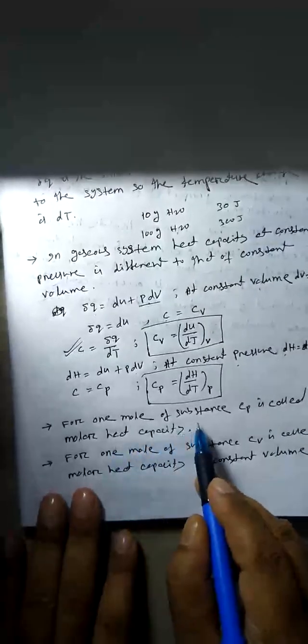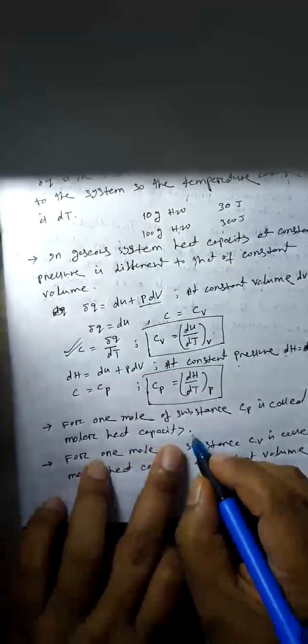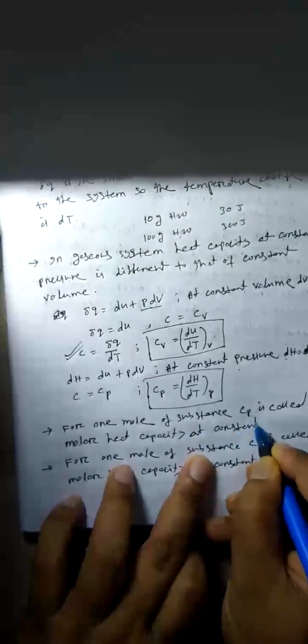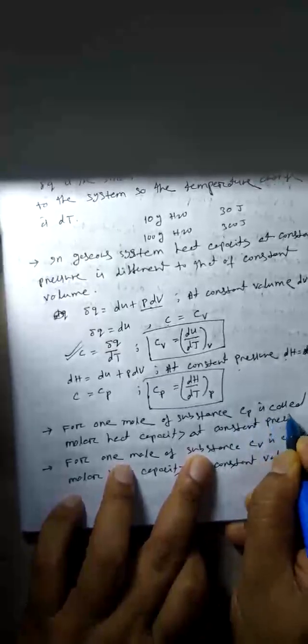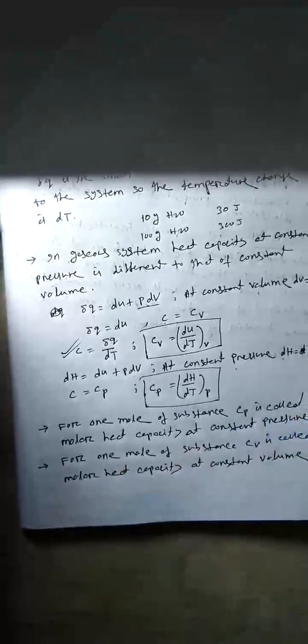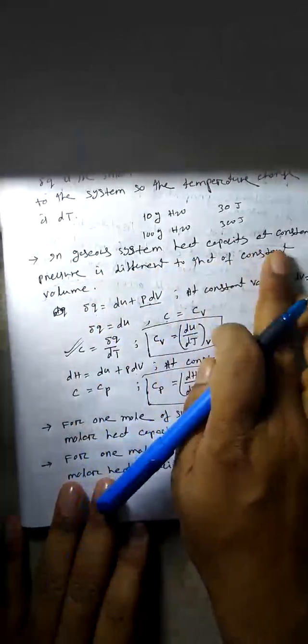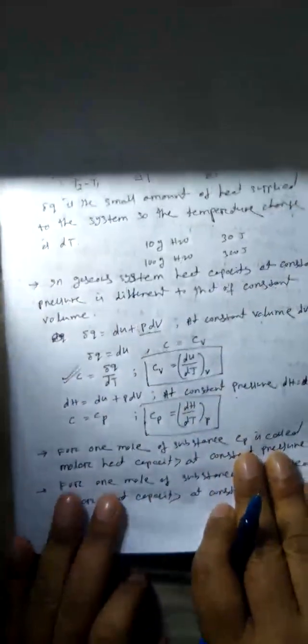Similarly, for 1 mole of substance, Cp is called molar heat capacity at constant pressure. That means we can define in gaseous system, heat capacity at constant pressure is different to that at constant volume. Here you see that the value is different.